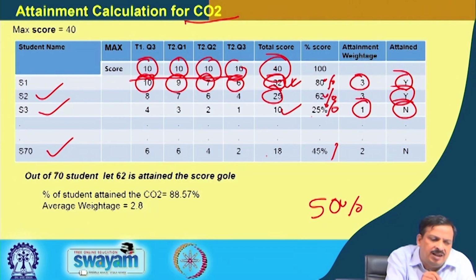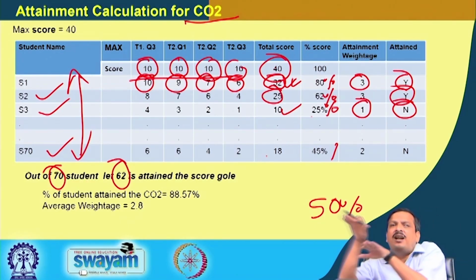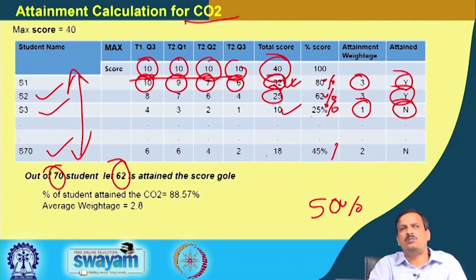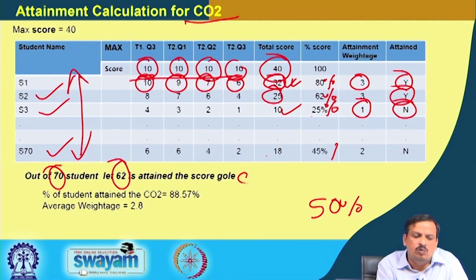So, say out of 70 students, 60 students attained CO2. Not 100% is possible. So, out of 70 students, 62 students attain the course goal, CO2.